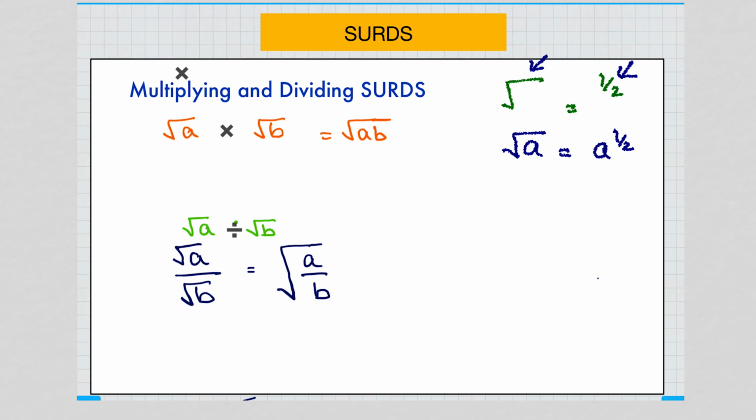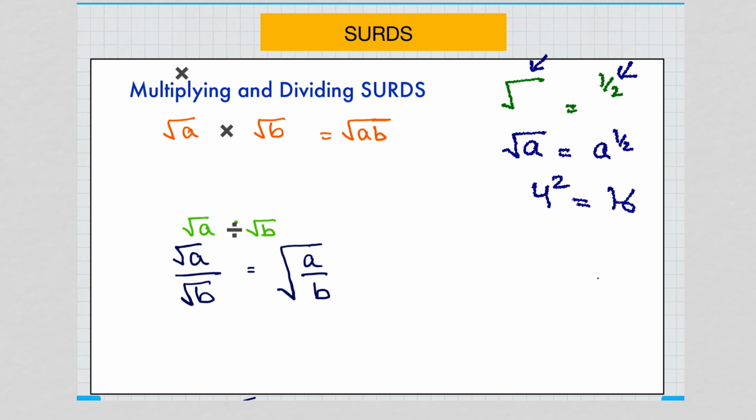So writing square root a or a to the power 1/2 is the same. Both are equal to each other, just like 4 squared equals 16. Similarly, root a equals a to the power half.